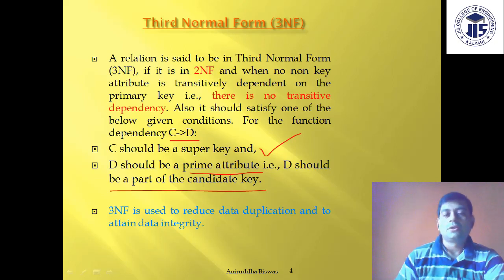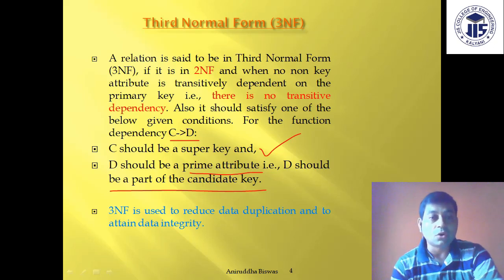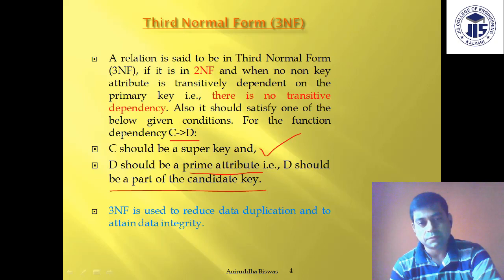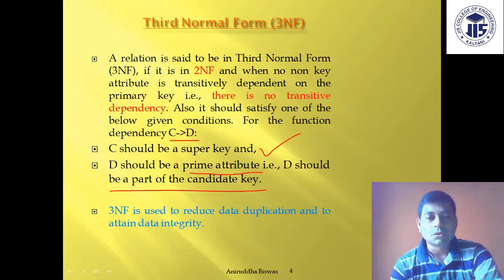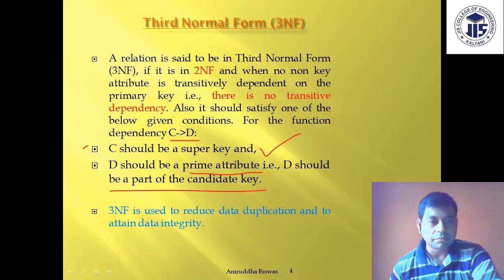That also confirms that a determinant cannot be a non-key attribute; it must be part of the super key, right? So these are the conditions that 3NF follows. There should be no transitive dependency, and these two conditions are also followed.